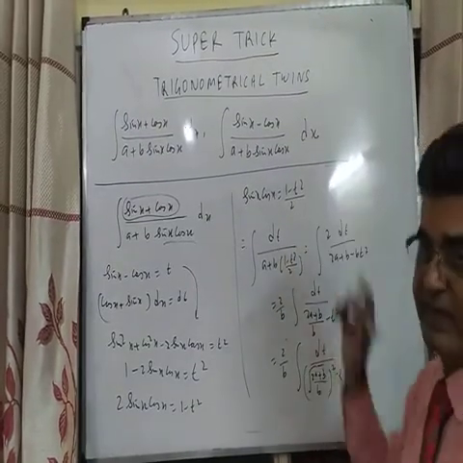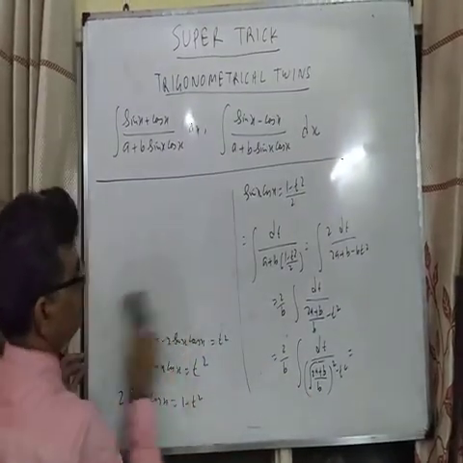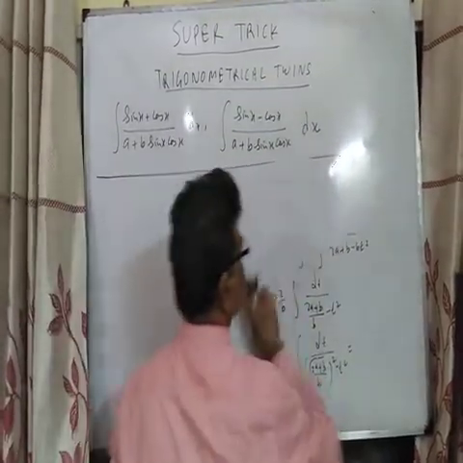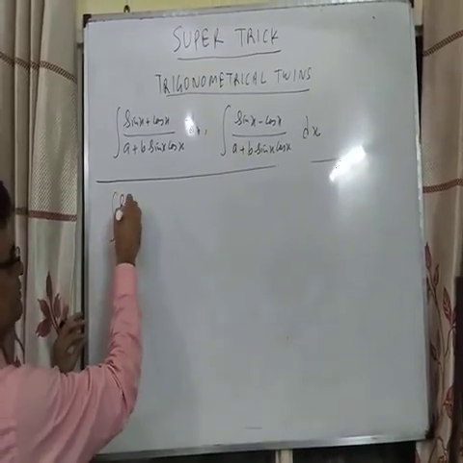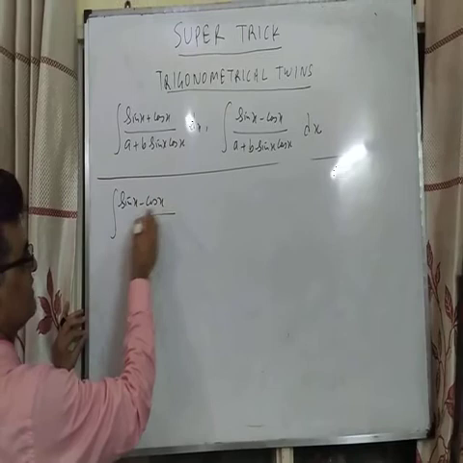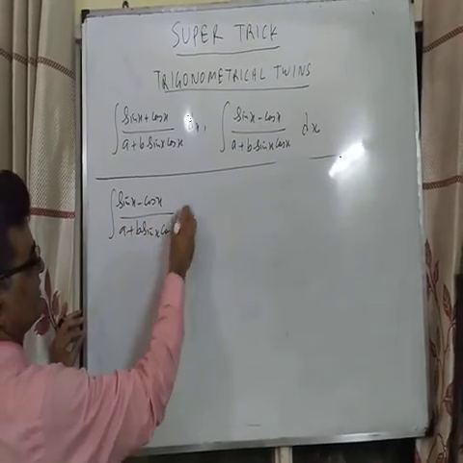Now we are moving to the next type: sin x minus cos x upon a plus b sin x cos x dx.